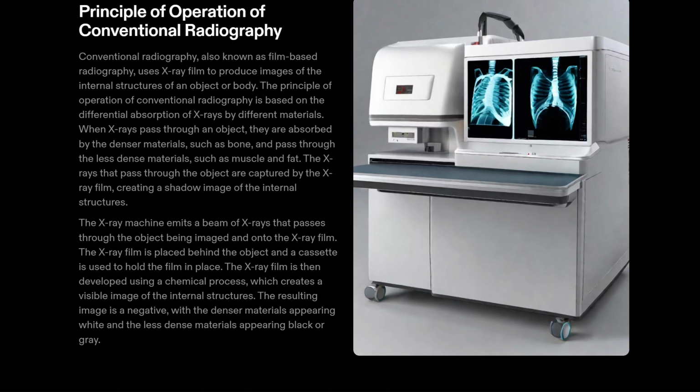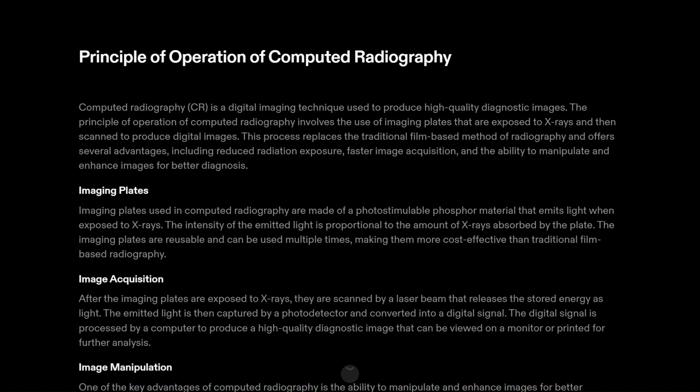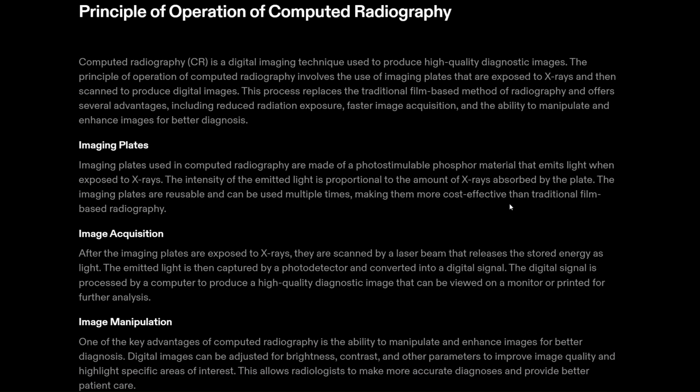Next, we are going to see the principle of operation of computer radiography. Computer radiography is a digital imaging technique which can produce high diagnostic quality images. The principle involves using imaging plates that are exposed to X-rays and then scanned to produce digital images.